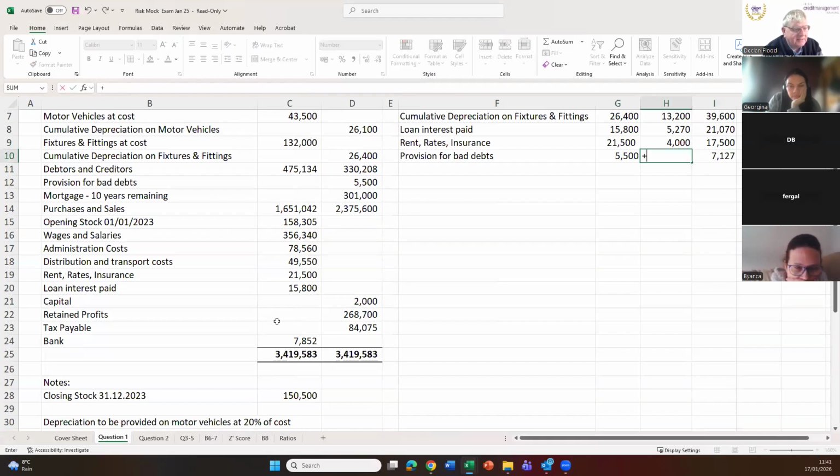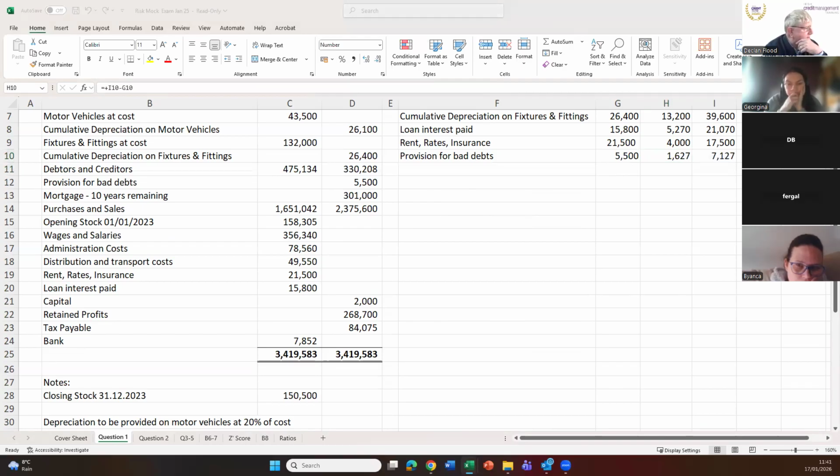So the adjustment is the difference between these two figures: 7,127 minus 5,500. So I need to adjust my provision for bad debt by 1,627 euros. So that's my provision.